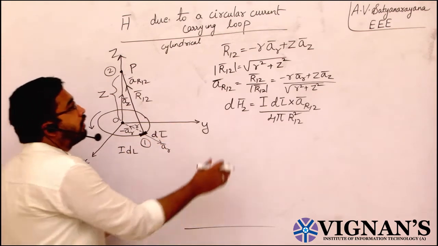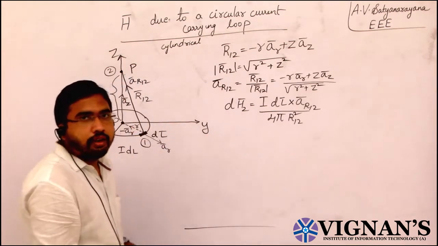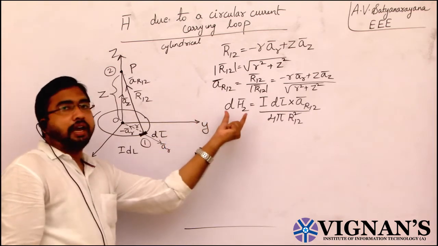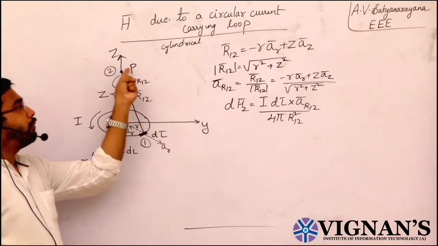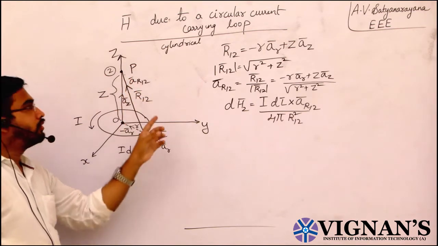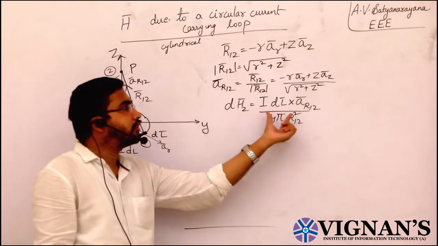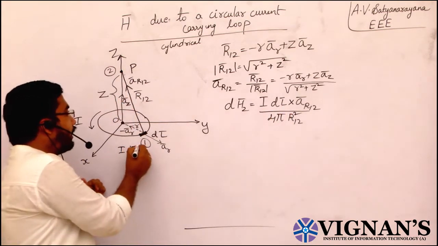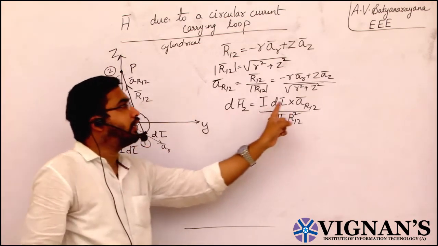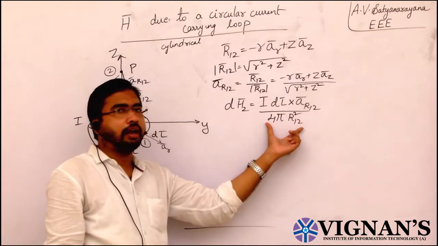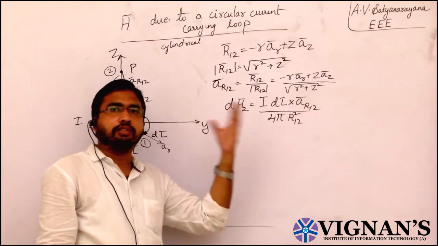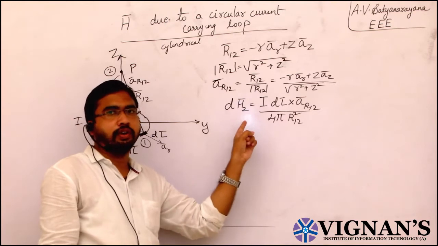Now according to Biot-Savart's law, the differential magnetic field intensity at this point P, that means second point, due to this differential current element I dl, is given like this: I dl bar cross ar12 by 4 pi R12 square. Already in our previous lectures we have derived the expression for this.